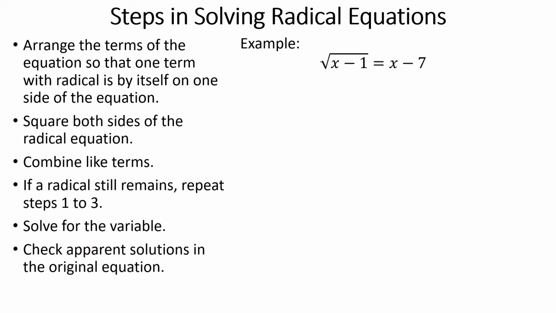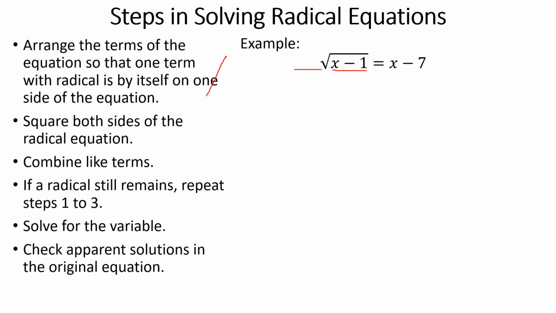Square root of x minus 1 equals x minus 7. As you can see, yung radicand po natin ay isang binomial. At wala na pong constant or variable po na nandito po sa left side, nakasama po nung square root of x minus 1. So therefore, this is already satisfied.